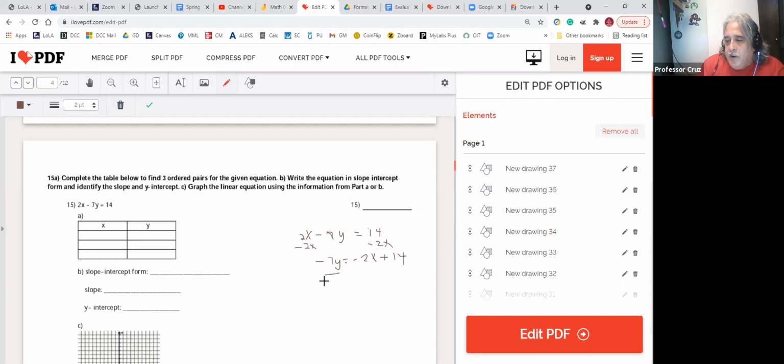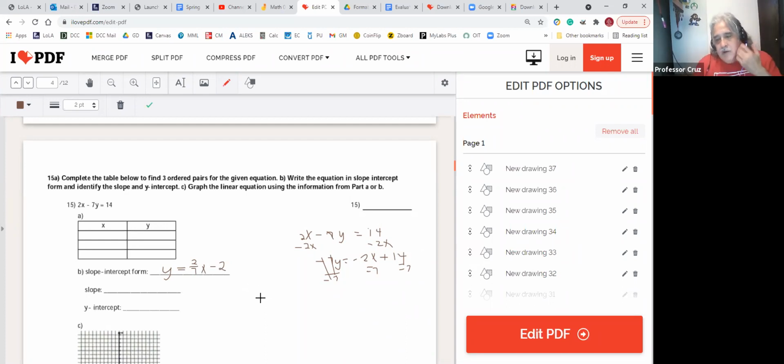And divide everything by -7. So this is going to be y is equal to, see that's just going to be y, and then it's negative over negative, so it's 2/7 x, and then 14 positive divided by -7 is -2.